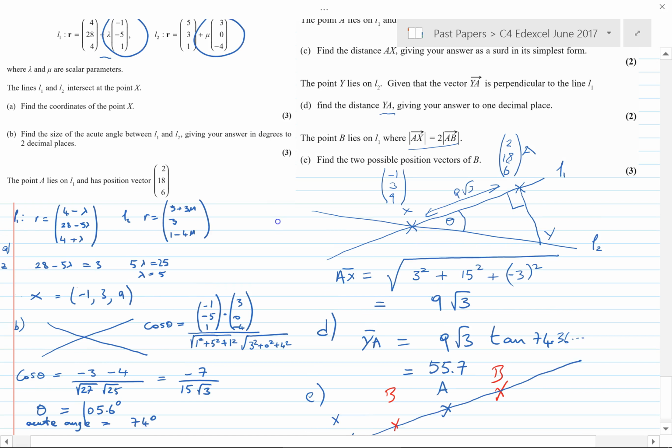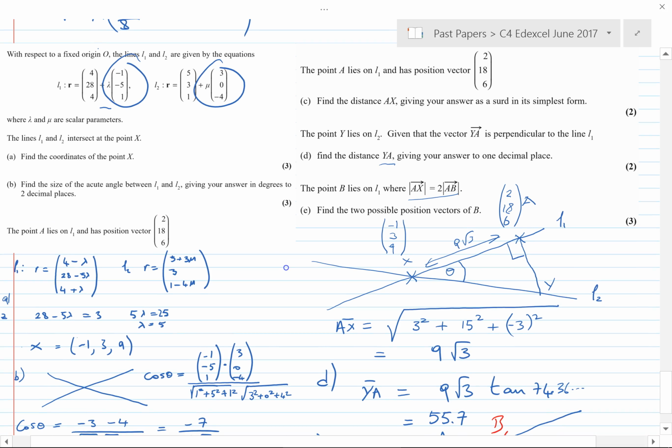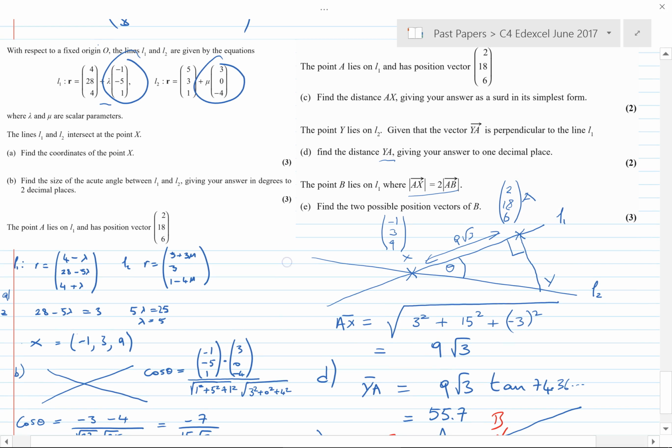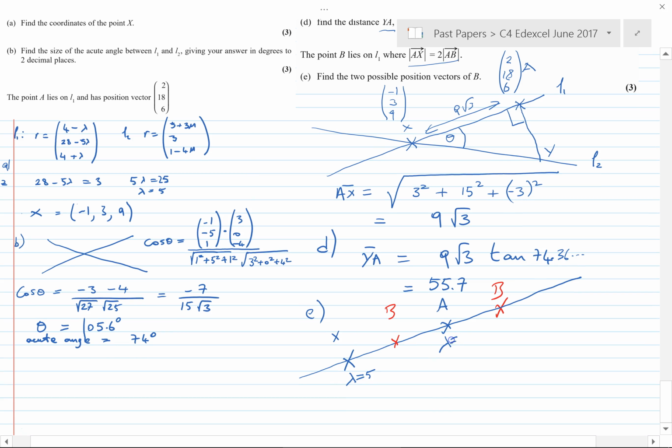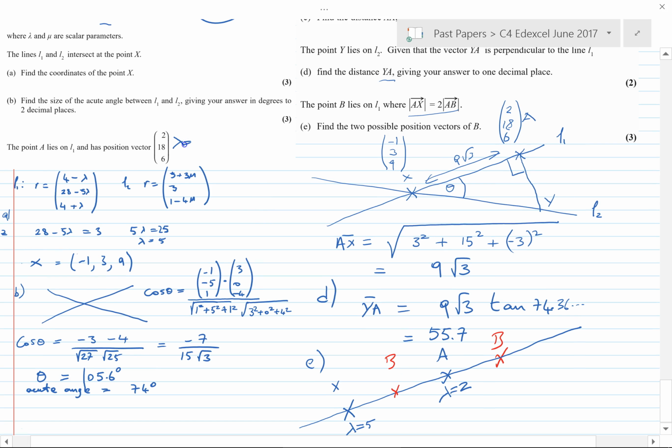In order to get 2, 18, 6 there, we would have to put the value lambda equals 2 into here. So because we can see lambda equals 2 to get that from that equation there. Quite simple really, but anyway, lambda equals 2.